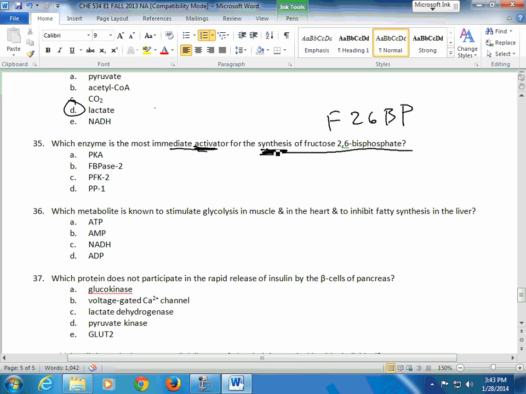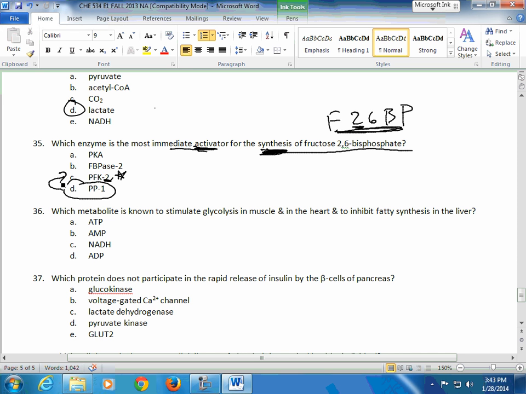So who actually synthesizes this metabolite here? That's PFK2. But it doesn't activate the synthesis. PP1 from insulin, that's the most immediate activator of PFK2. A little bit tricky on the wording there.